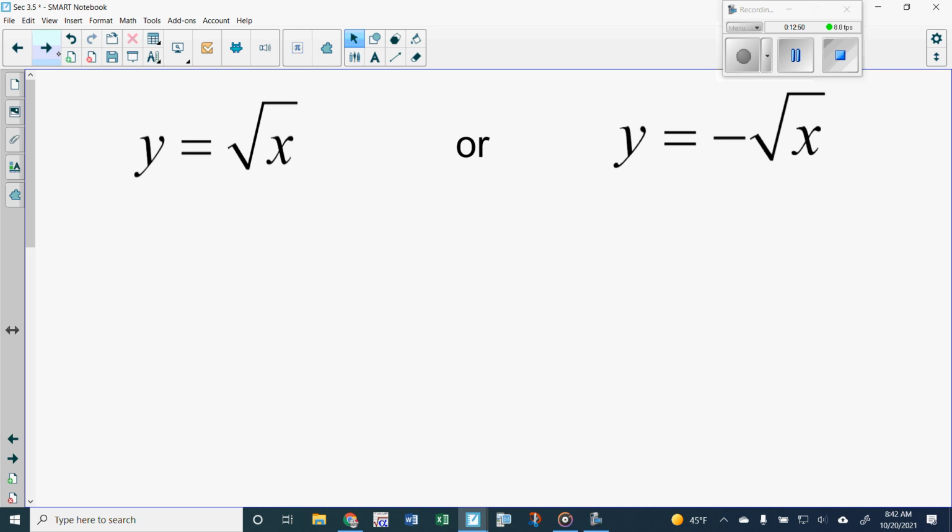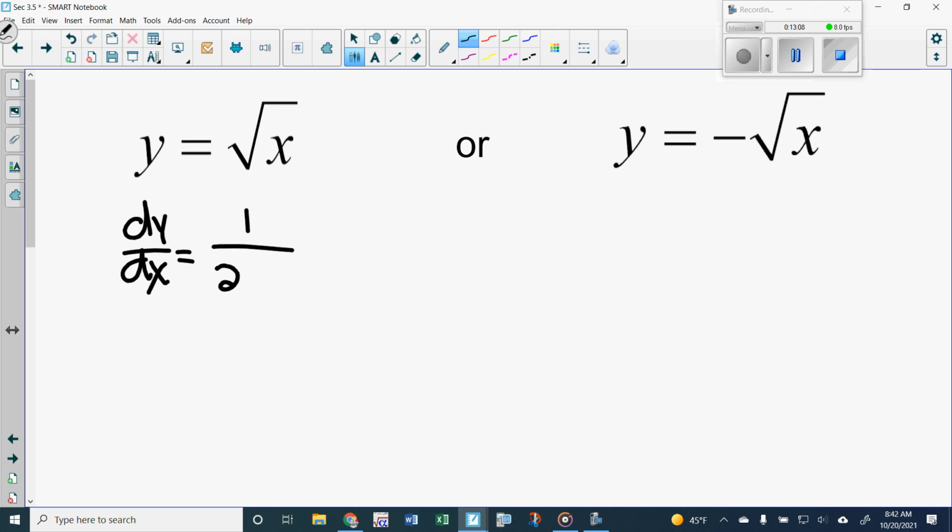Now, from your vast experience taking derivatives, what would dy dx be? What is the derivative of the square root of x? Do we know this one yet? 1/2 x to the -1/2.